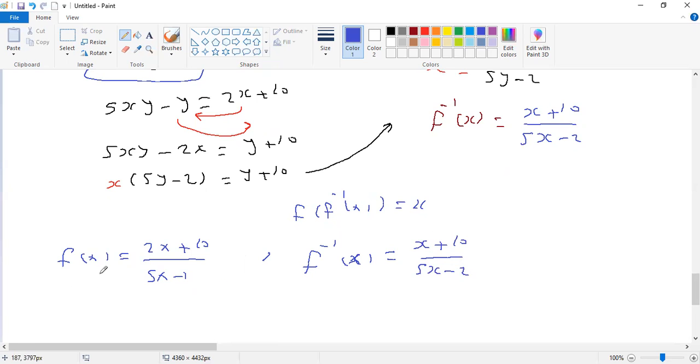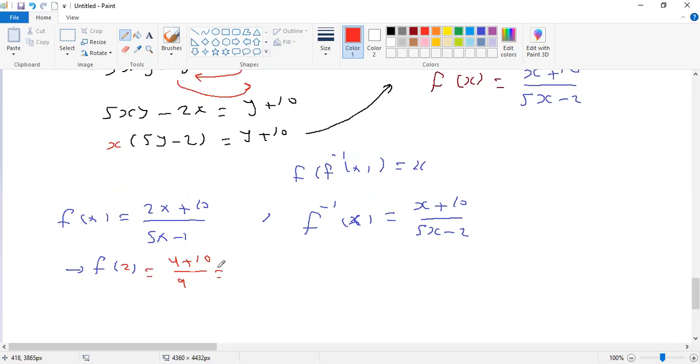See, students, if I put 2 in this one, 2x will be 4, plus 10 will be 14. 5 times 2 is 10, minus 1 will be 9. So the answer will be 14 over 9.